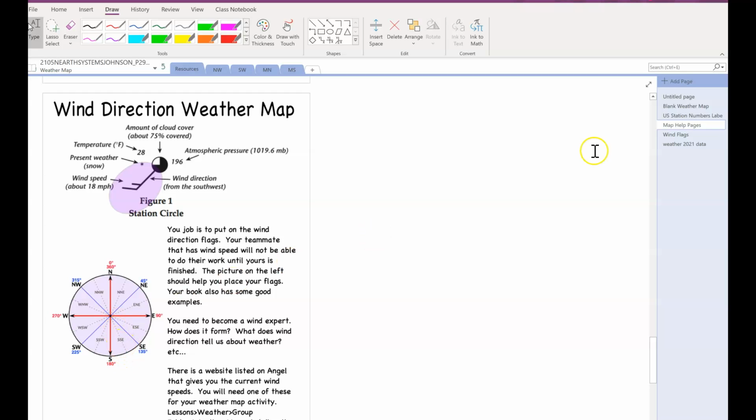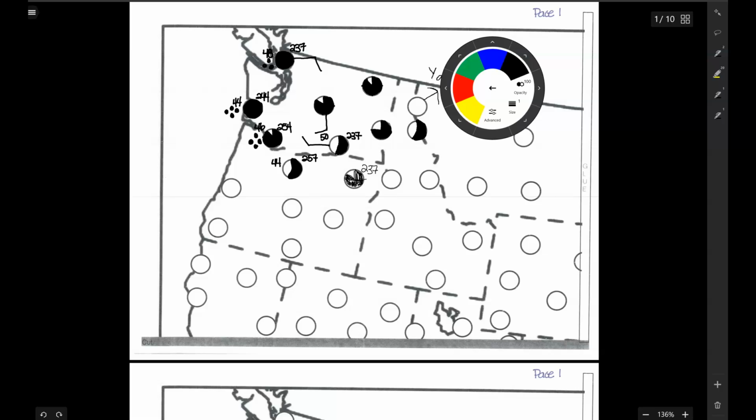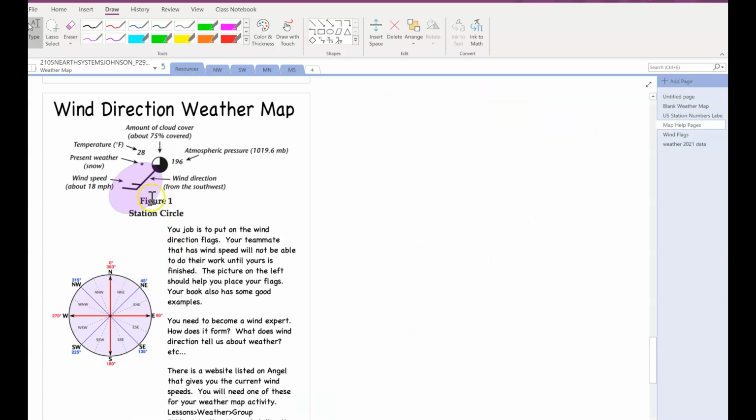If we go back to our weather map, we know that our stick, here's east, here's south, here's southeast, here's where our stick for the wind speed is going to be.